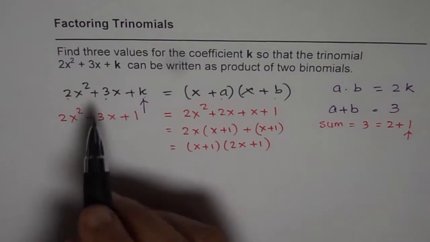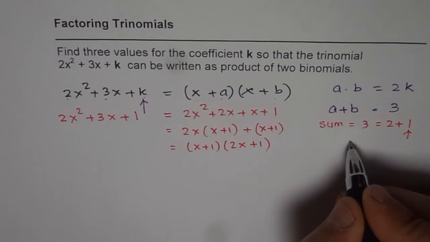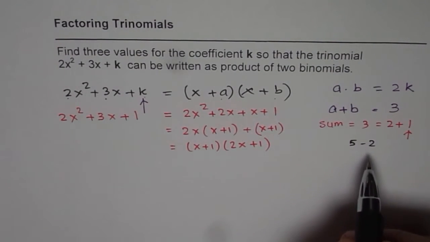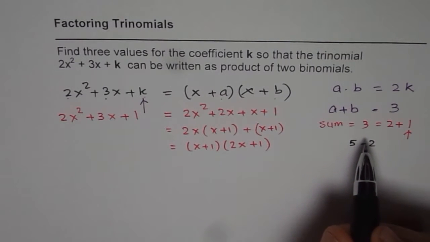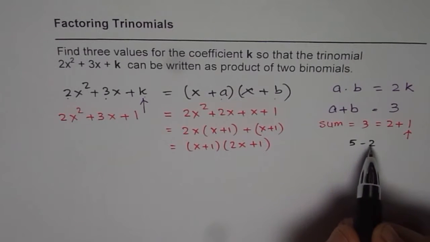Now, to get 3, what we can also do is, using 2, we can say 5 minus 2 can also work, right? So 5 minus 2 can work. That means k could be a negative number, right? When you multiply 5 and minus 2, you get minus 10.